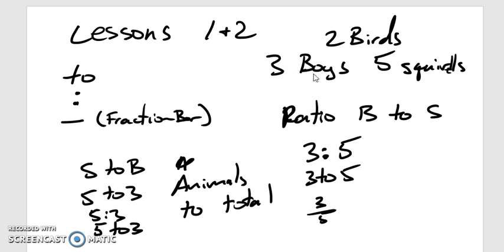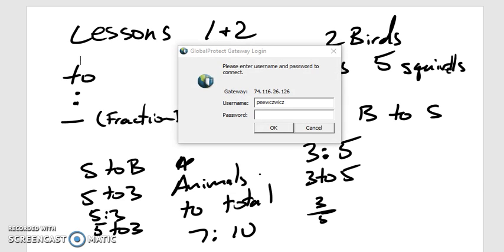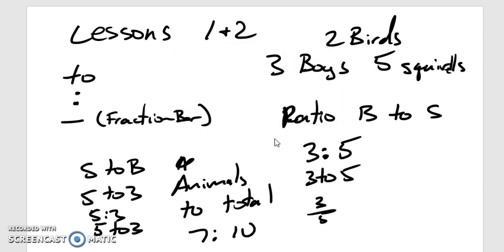Some might say boys are animals, but for right now we're going to do the birds and the squirrels. So there are seven of them. And how many are there altogether? 3, 5, and 2 makes 10. So I would say a ratio of 7 to 10. Like I said, you have to watch what they're asking for, and don't get greedy and just put down the numbers. Watch for what they're actually going after, because that's where they get tricky, evil laugh tricky. So just be careful about it.